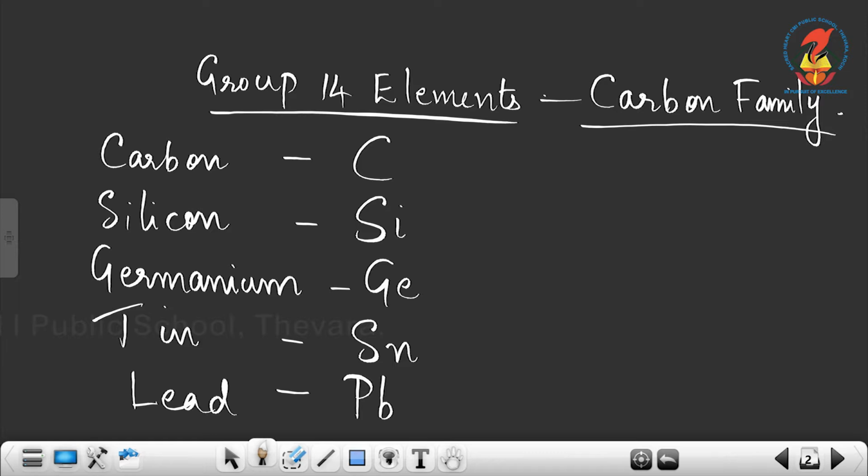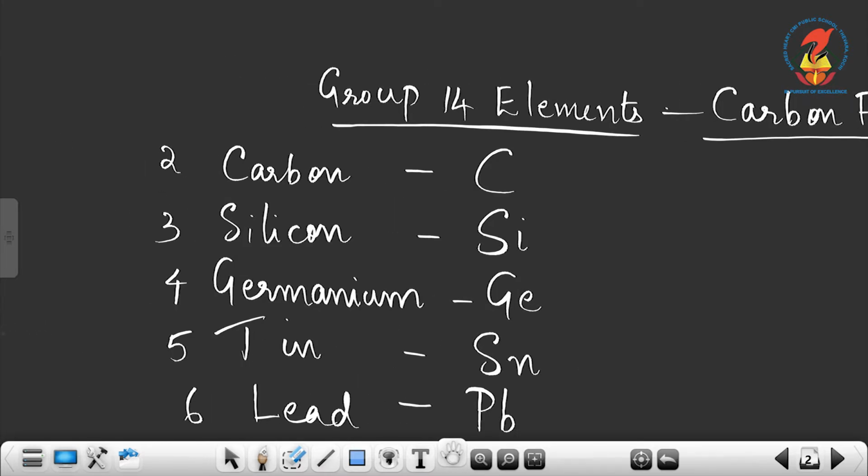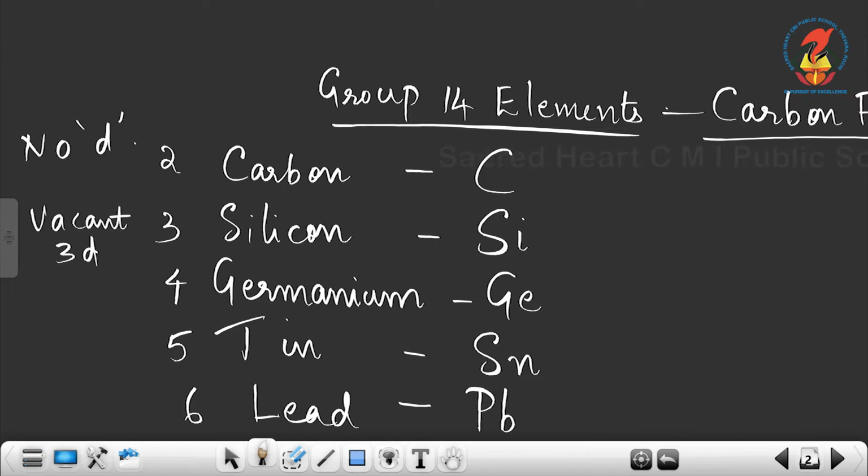Now we know that carbon is in second period, and the others are in third, fourth, fifth and sixth period. In the second period, the d orbital is absent, no d orbital. In the third period we have vacant 3d orbital.